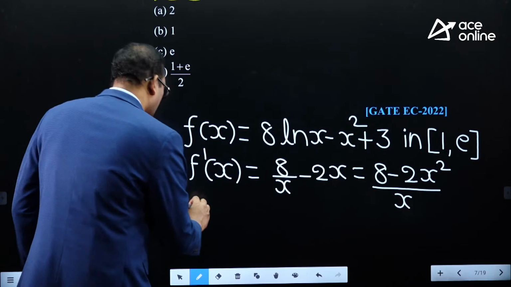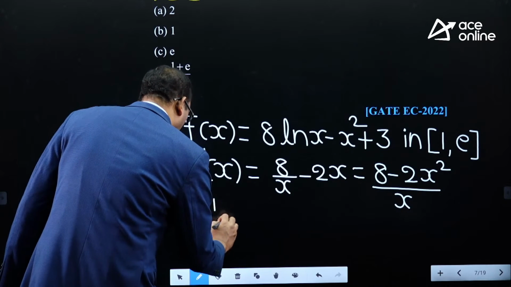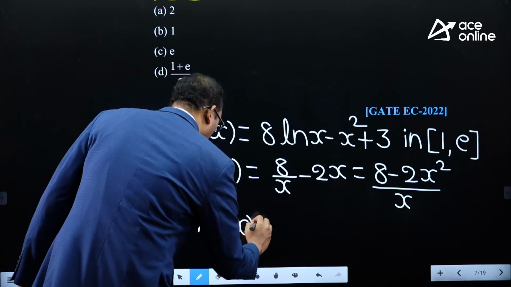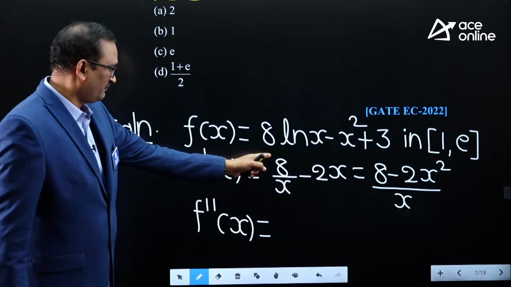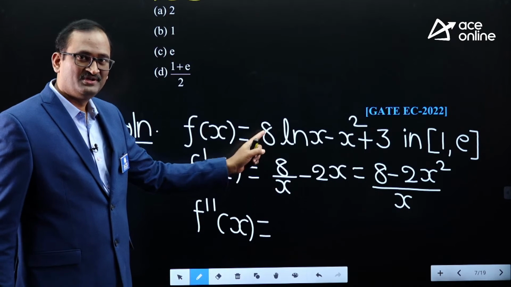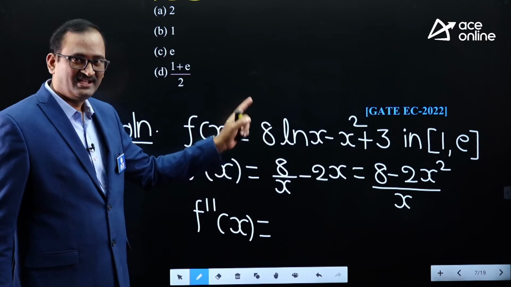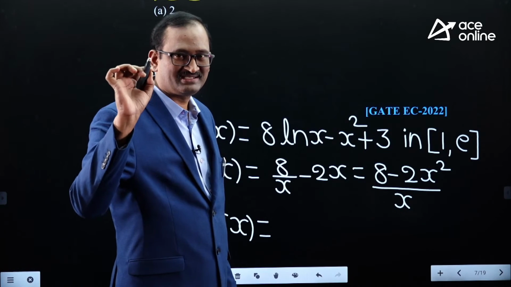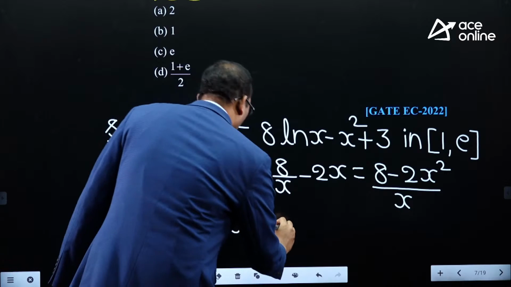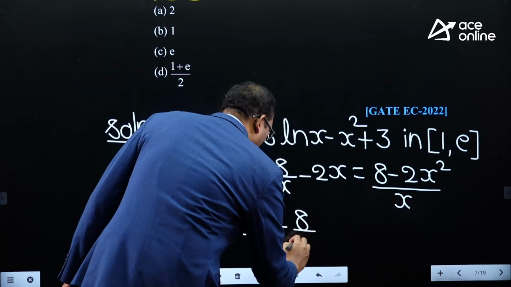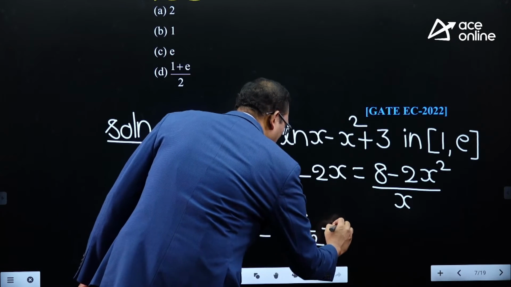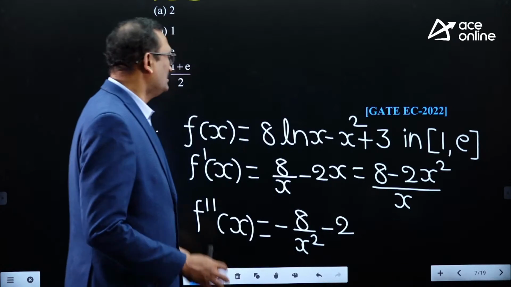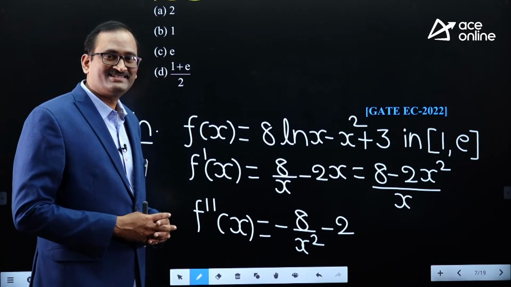So from this, f double derivative of x equals 1 by x derivative, minus 1 by x square. Minus 1 by x square into 8, that is minus 8 upon x square, minus 2x derivative minus 2.